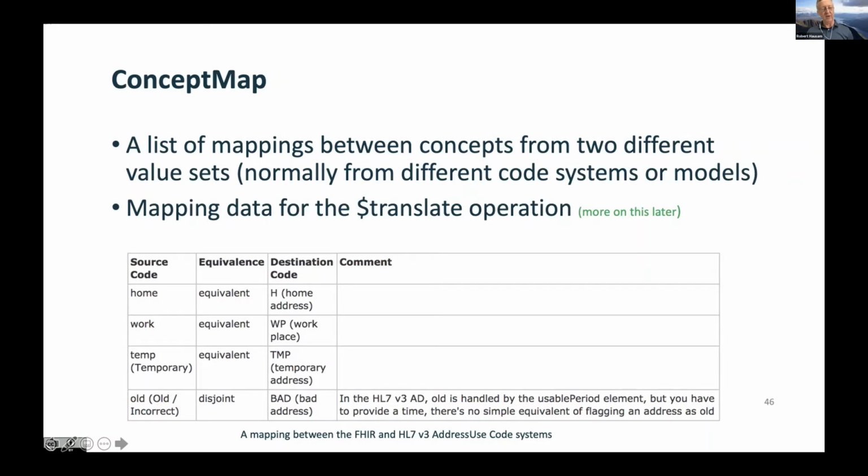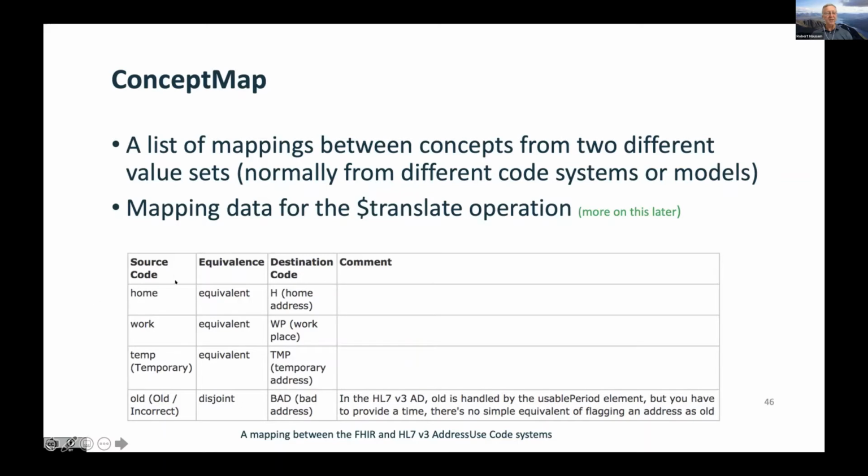It's not prohibited, but typically you should define two different value sets that you're mapping from and to. And this provides the data, or it can provide the data, that's used in the translate operation. There's a translate operation on concept map that allows you to move from one code system to the other.